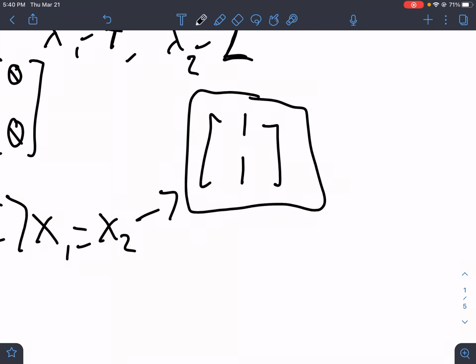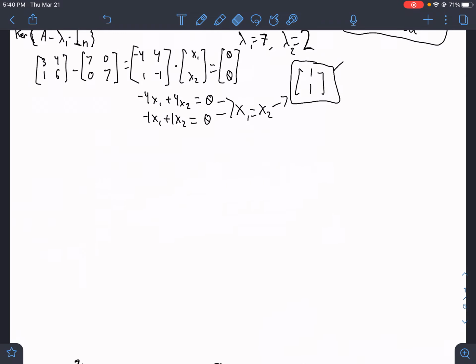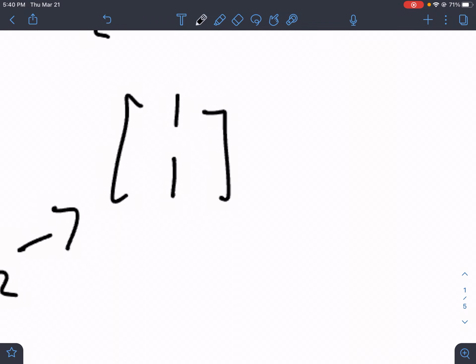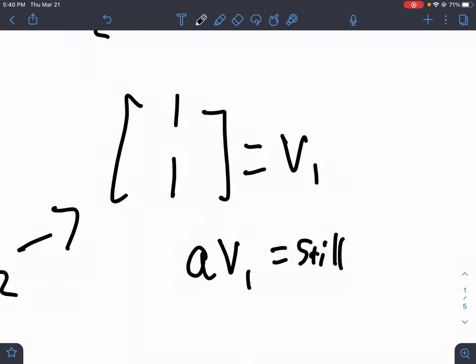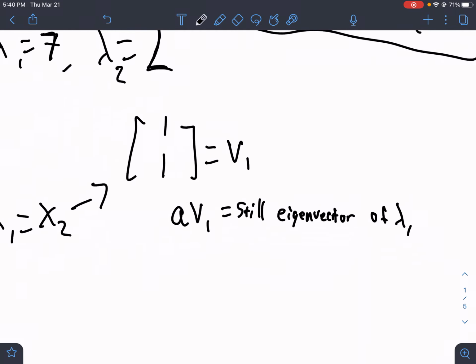More importantly, the span of this eigenvector, which we're going to label as V1, so A V1 is still an eigenvector of lambda. So it's still an eigenvector with the exact same eigenvalue.